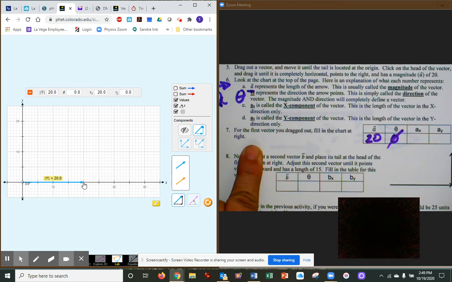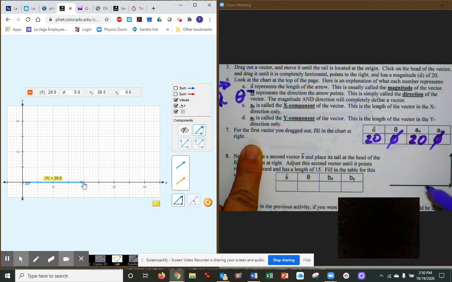Your A of x, what's your horizontal component? 20. And your vertical component? 0. It's 0 because whatever we're measuring is on the horizontal plane. There's no up and down. There's just left and right.